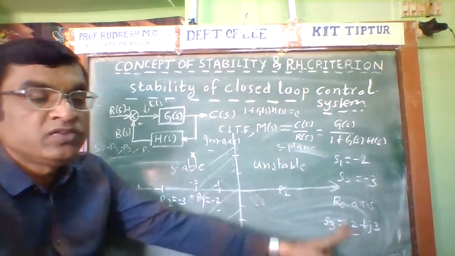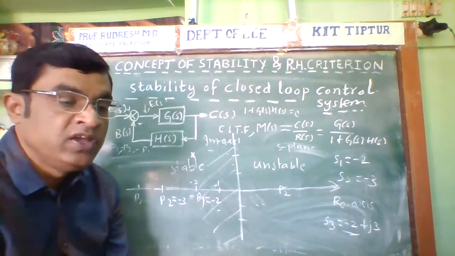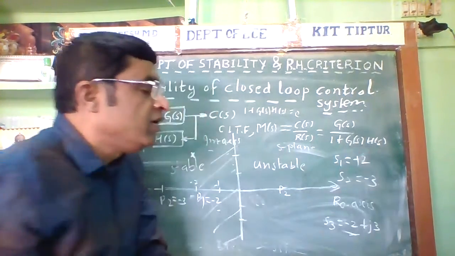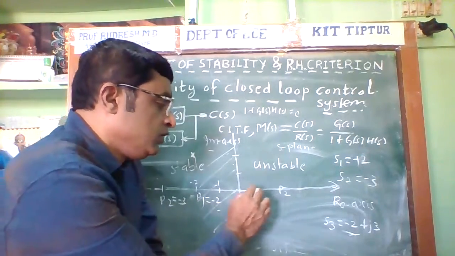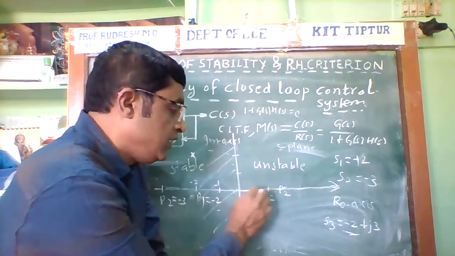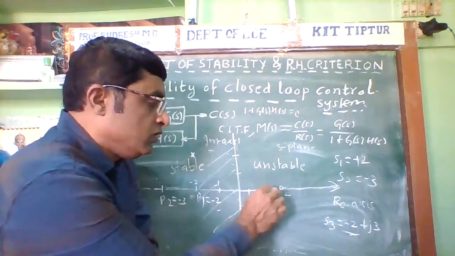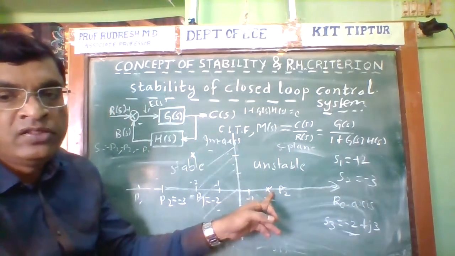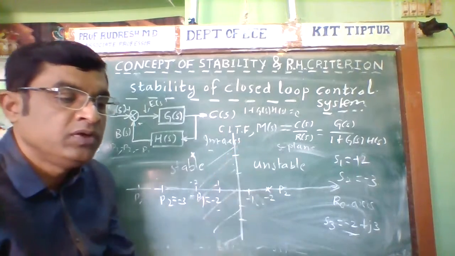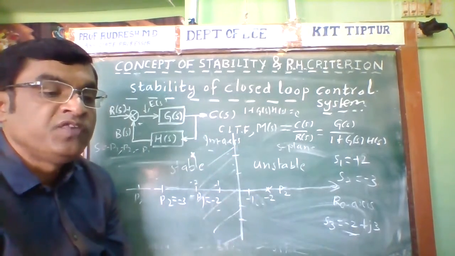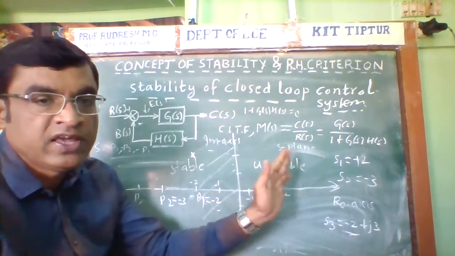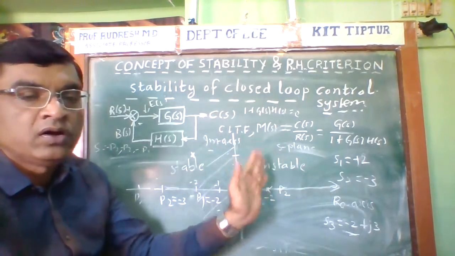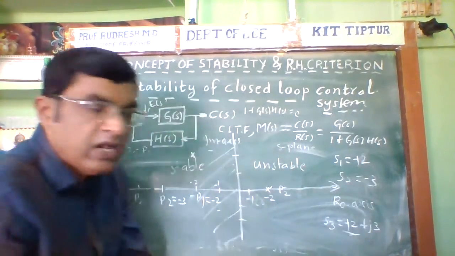The control system is unstable if any one of the roots is positive: instead of -2, if it is +2, then it lies on the right side, and this is the pole S1. Therefore, the control system is unstable if any one or more roots of the characteristic equation are positive real numbers or complex numbers with a positive real part.